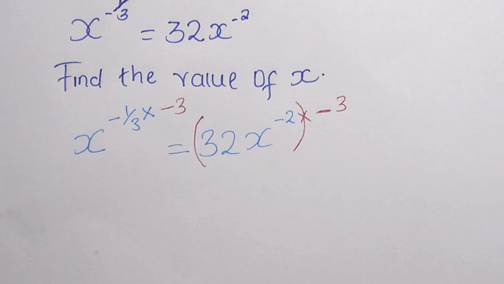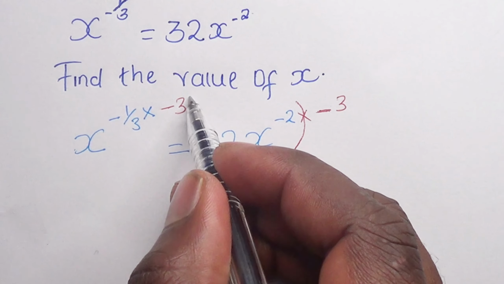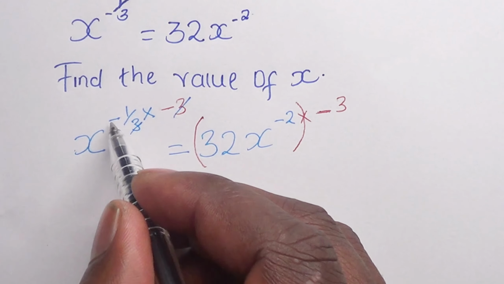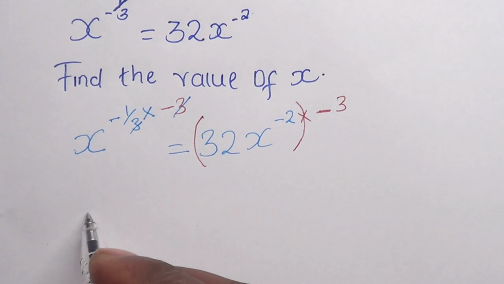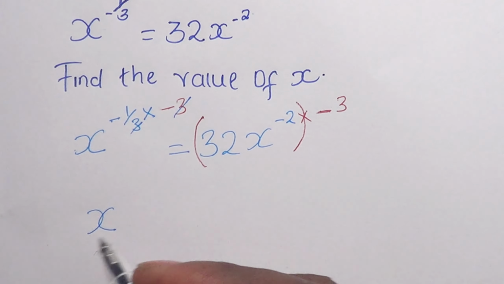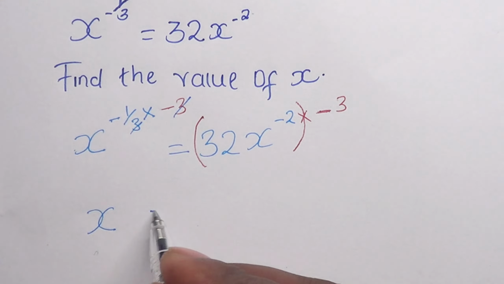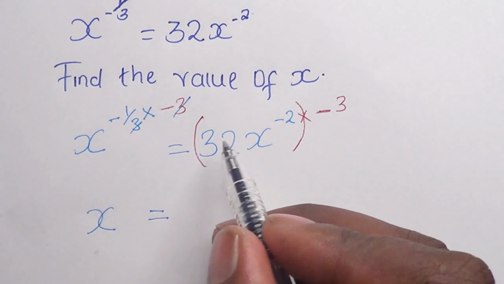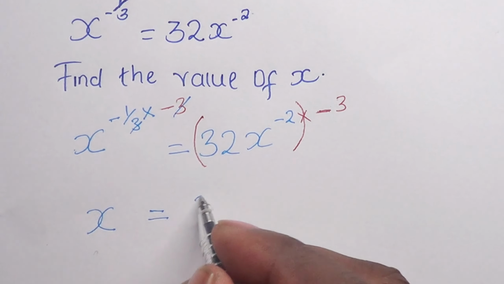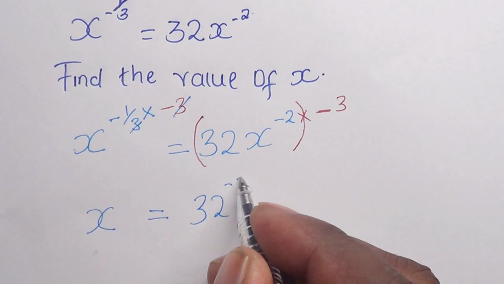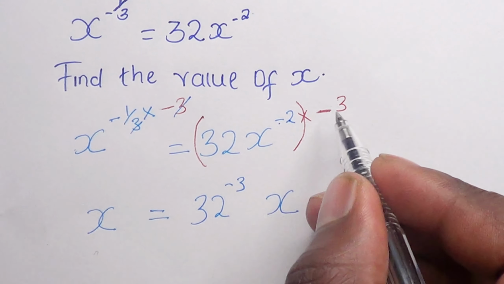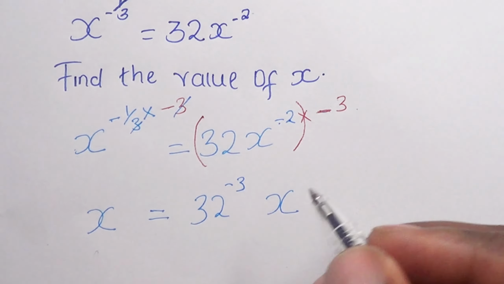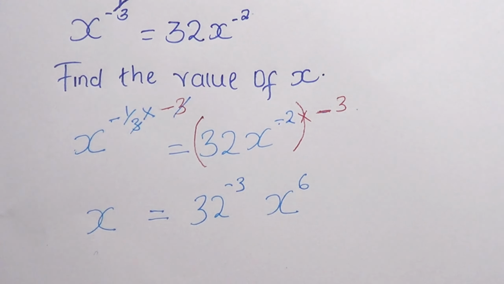So when you multiply that way, this one will cancel that one, negative and negative become positive. So we are going to remain with x to the power positive 1, which equals 32 to the power negative 3, and x to the power negative 2 times negative 3, that is positive 6.